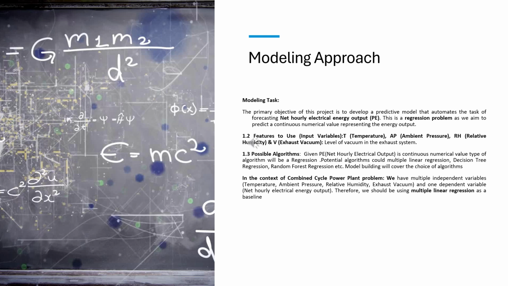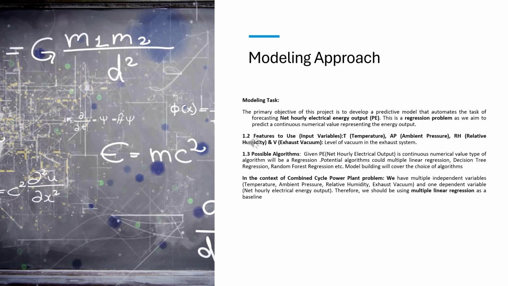As this is a regression model, I'm going to use a number of regression algorithms such as multiple regression, as we have multiple input variables or features and one dependent variable. When I was doing a quick glance of the data and just doing some basic Excel charts, I felt that the relationship between the independent variable and the dependent variable may not be linear.